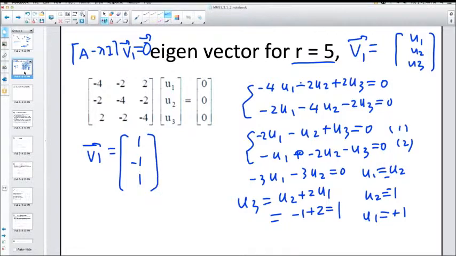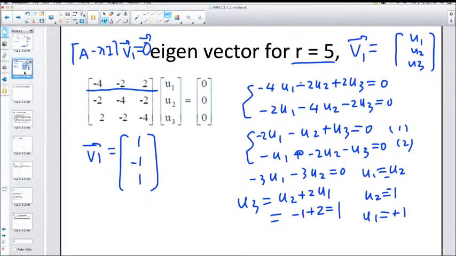If you are afraid to make any mistake in the quick calculation, now you can multiply. Negative 4 times 1 is negative 4. Negative 2 times negative 1 is positive 2. 2 times 1 is 2, so the sum is 0. So this is good.